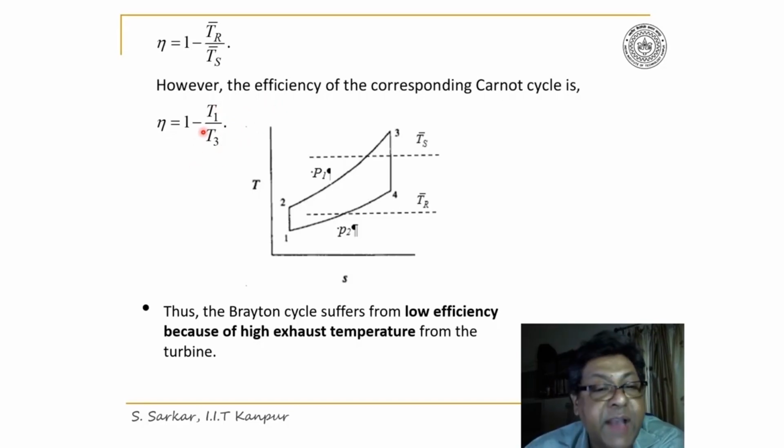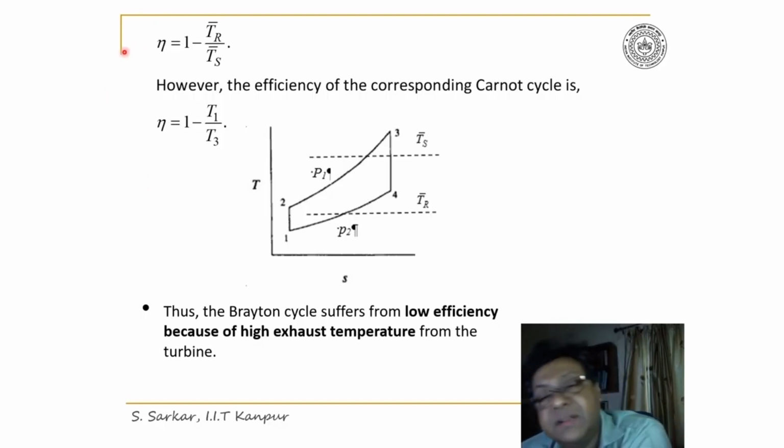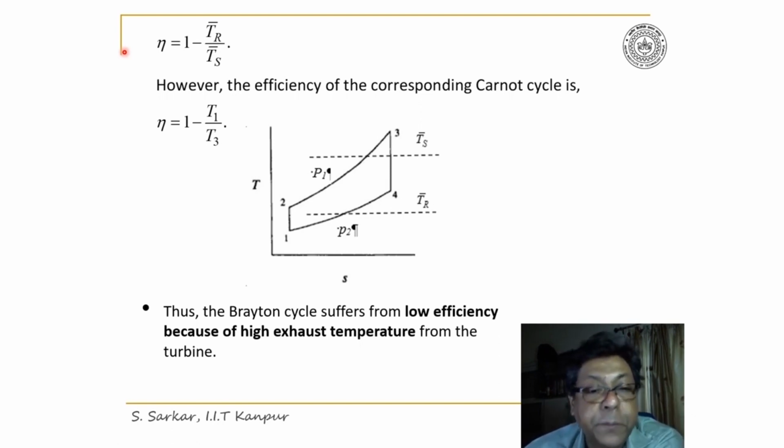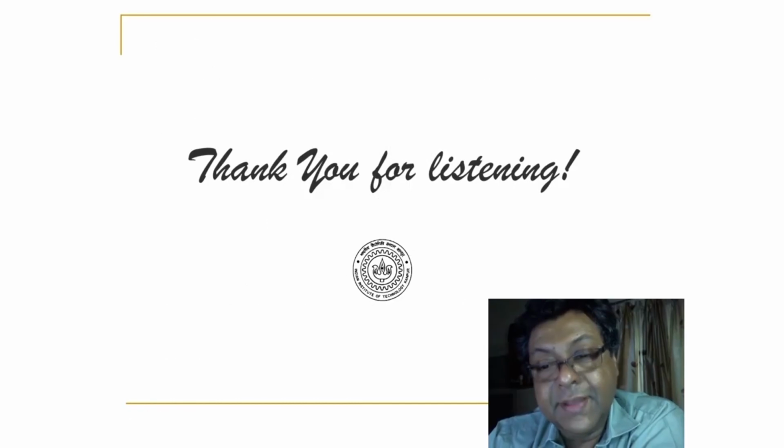So T3 is the maximum temperature of the cycle and T1 is the minimum temperature of the cycle. Thus, one can appreciate here that the efficiency of the Brayton cycle is very low with respect to the Carnot cycle. So the Brayton cycle suffers from low efficiency. This low efficiency is because of the high exhaust temperature from the turbine. Thank you for listening.